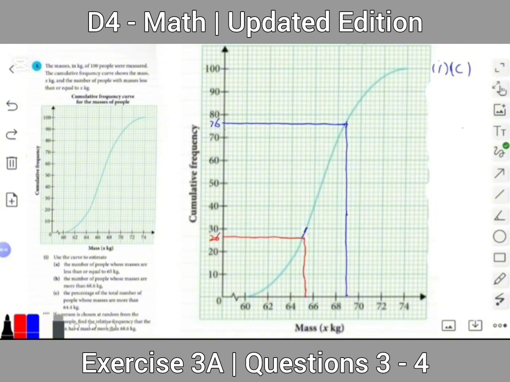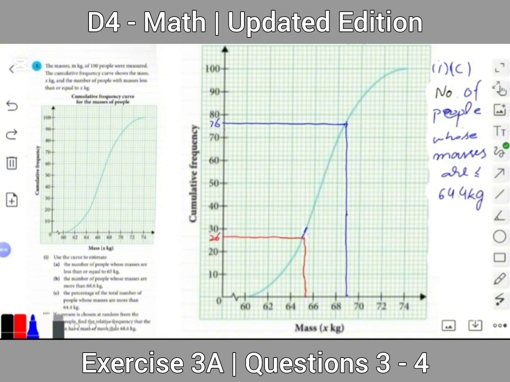So first we have to find the number of people whose masses are less than or equal to 64.4 kg. First we identify the point 64.4 along the x-axis, and that is, here we have 64 and here we have 64.4.